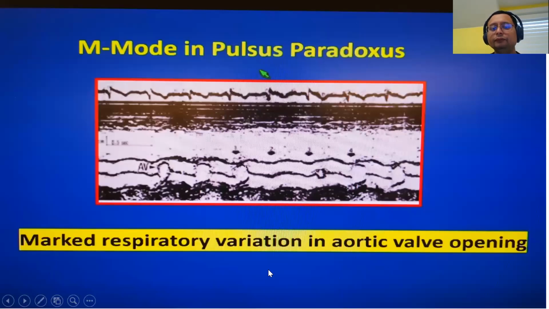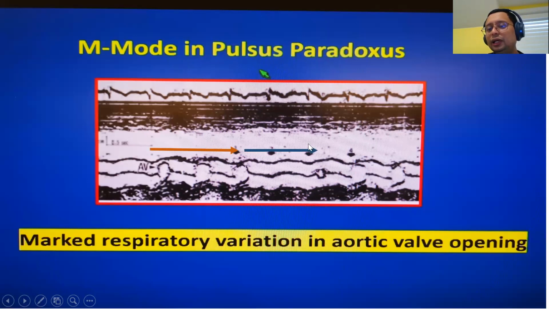All right, now this is interesting. Look at this M-mode across the aortic valve. Look at the opening of the aortic valve. It opens normally, then slightly smaller, closes, opens a little bit bigger, and opens. Why is that? During expiration, the aortic valve opens.